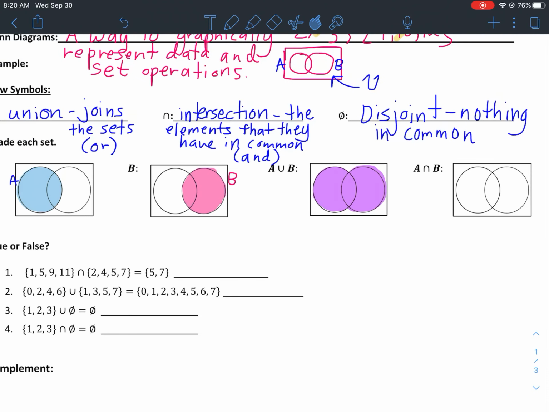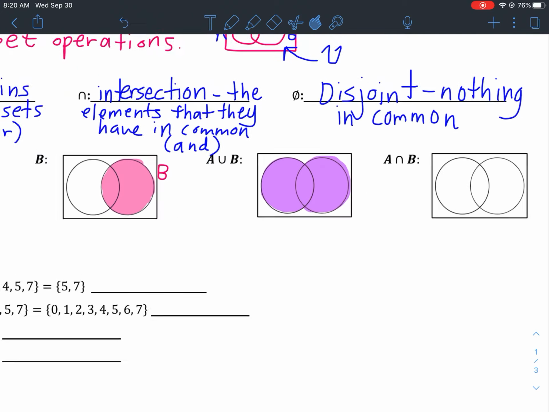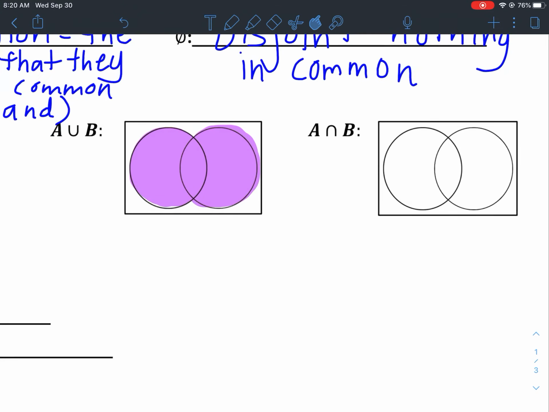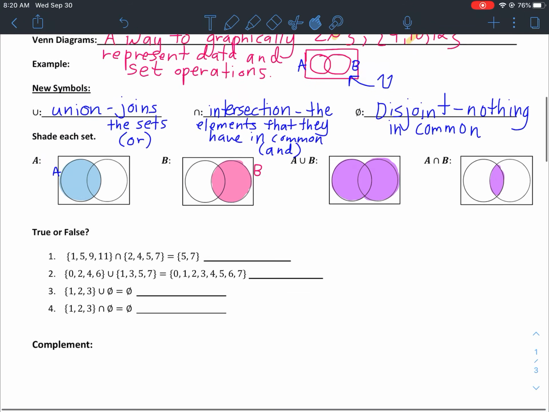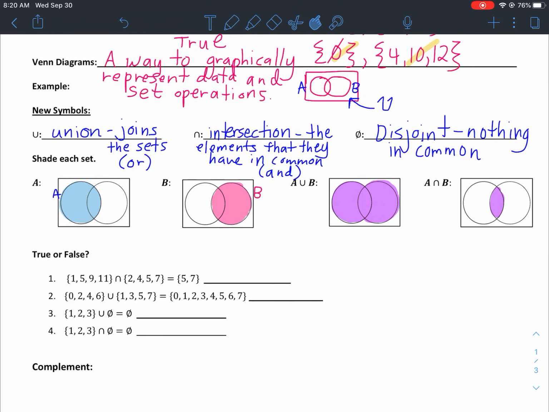And A and then the upside down U B means A intersection with B, and it's what they have in common. What they have in common is the middle. Okay, so those are your new symbols represented in Venn diagrams.